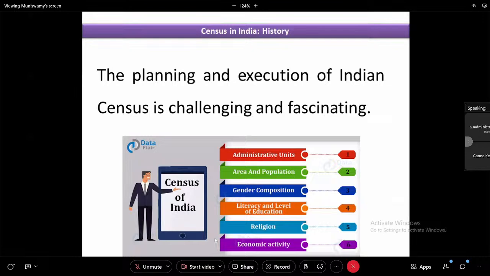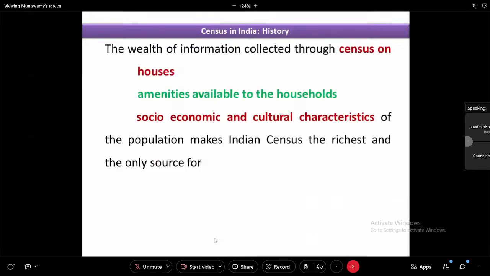Also, the wealth of information collected through the census on houses, amenities available to households, and the socio-economic and cultural characteristics of the population makes the Indian census the richest and the only source for planners.